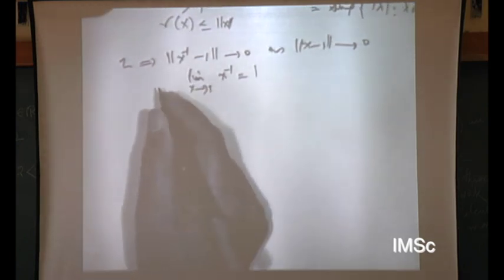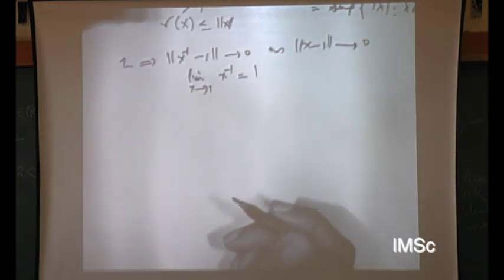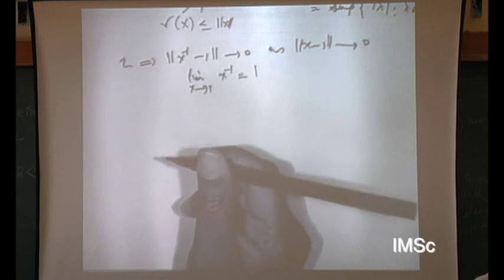Now the point is that B of H is an example of a Banach algebra.